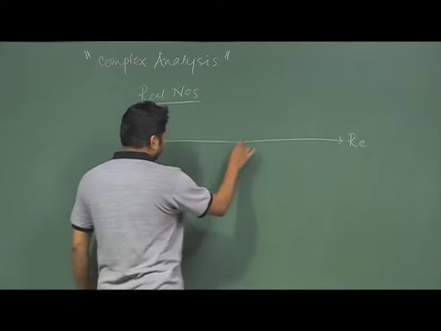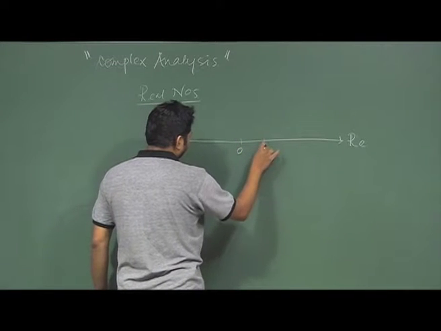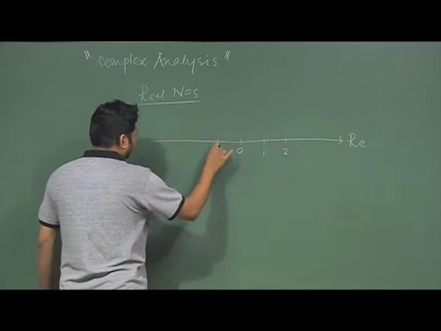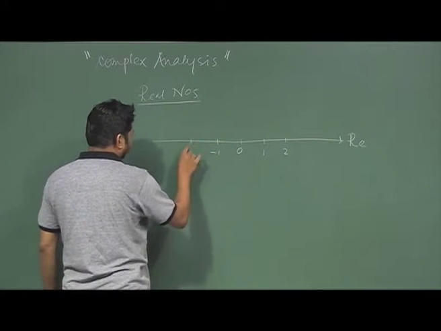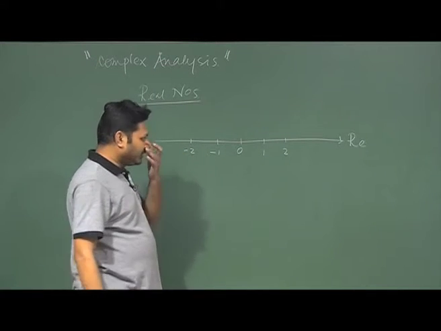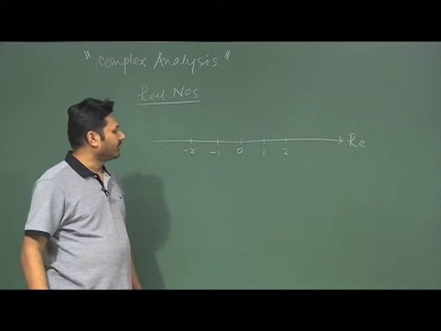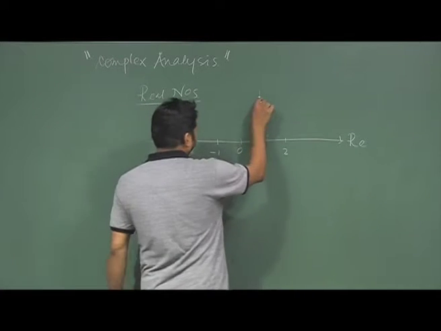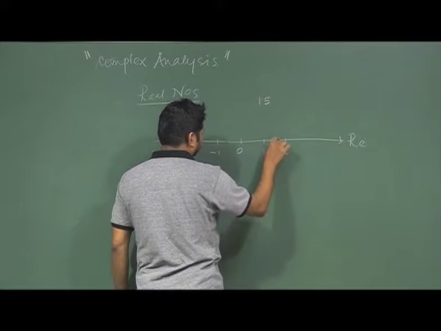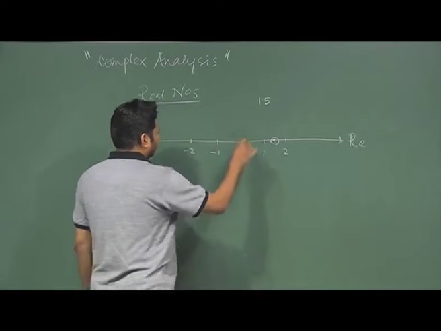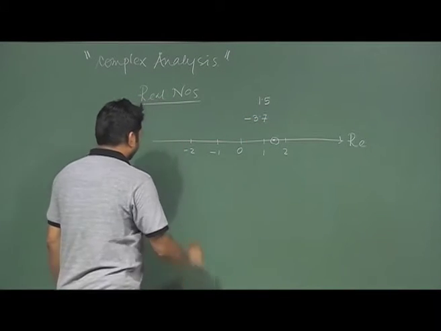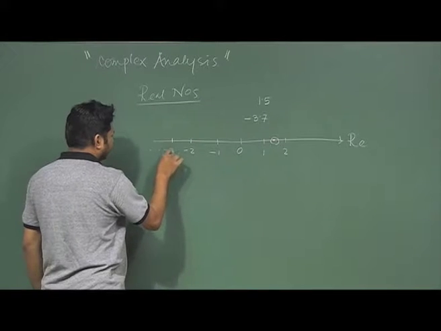For example, if I say this point is 0, this is 1, this is 2, and so on, this is -1, this is -2, and so on. So if I choose one particular number, say 1.5, it will be placed here. -3.7, another number, will be placed somewhere here.